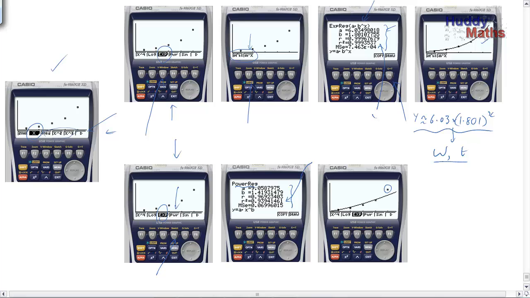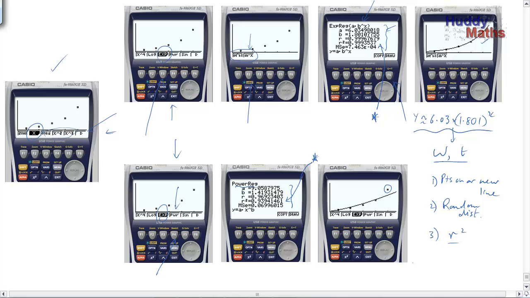Okay, so this one is better than this one. But what I want you to do is keep that in mind, but remember, you're looking for points on or near the line. Are all points on or near the line? Are they randomly distributed? Same idea as fitting a straight line, fitting a curve, and then look at the R value or the R squared value in that order.